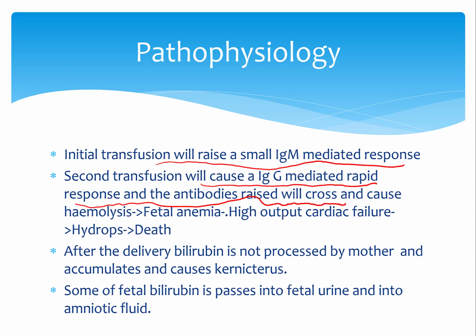So those IgGs are raised in very large numbers and they will cross the placenta and damage the fetal red cells and cause hemolysis. It results in fetal anemia. When you are anemic, your heart goes into high output cardiac failure. When cardiac failure occurs, fluid accumulates in the baby's skin, pleural and peritoneal cavity. It causes gross edema and death ultimately.